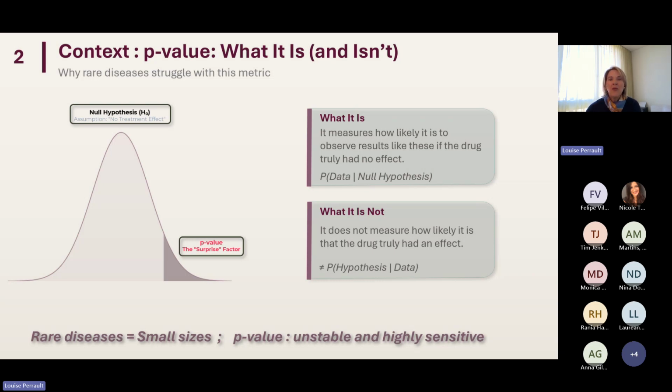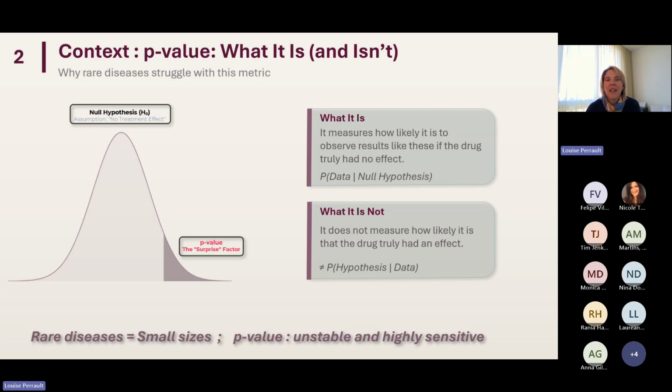So a p-value above 0.05 is not statistically significant. However, it does not mean the drug does not work. It means we do not have enough evidence to be sure, within this framework of the standard frequentist method.